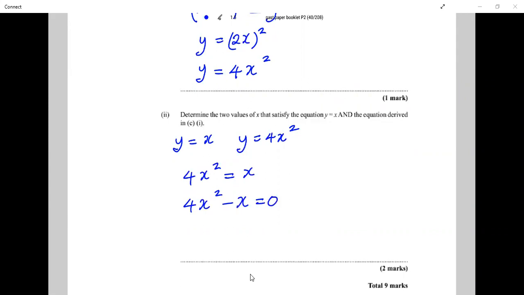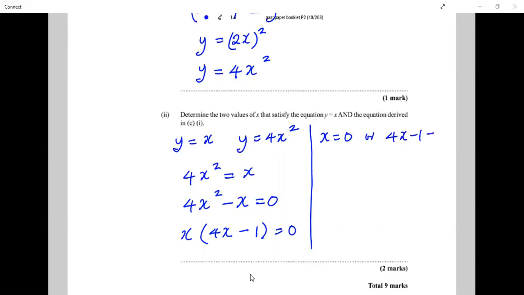Remember, we solved one like this in the previous question. x is common, so I'm going to factor out x. x into 4x squared is 4x, minus x into x is 1, and this is equal to 0. Now, if I'm multiplying two things and I'm getting 0, it is either the first one is equal to 0, so either x is equal to 0, or the second factor, 4x minus 1, is equal to 0.